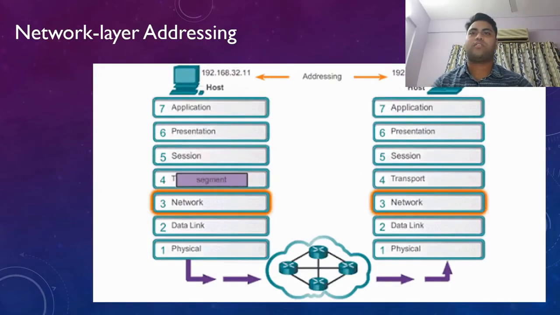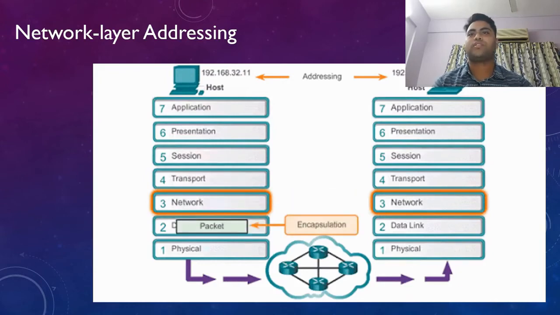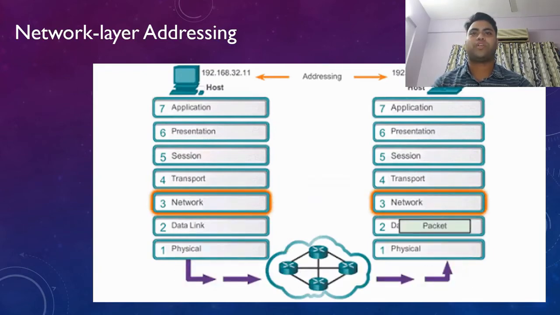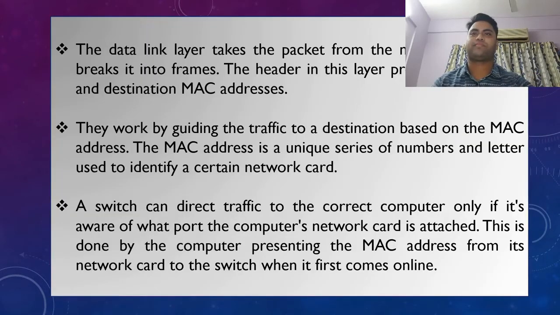The first step is the application data, then the segment and packet go to the data link layer for physical routing, one by one. The packet, segment, and data are there, with transport and the application. The data link layer takes the packet from the network layer and packs it into a frame.